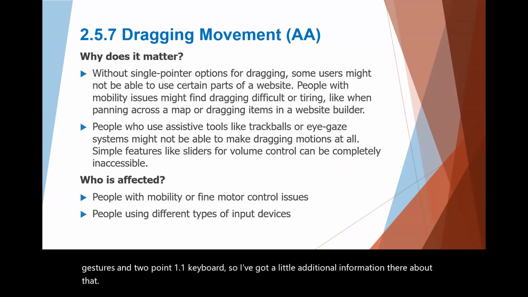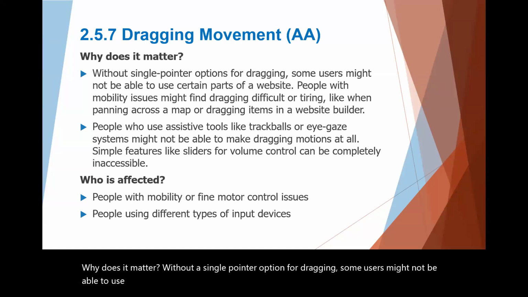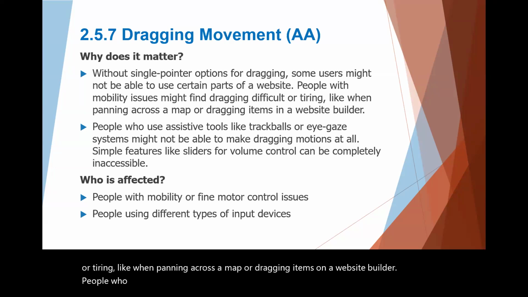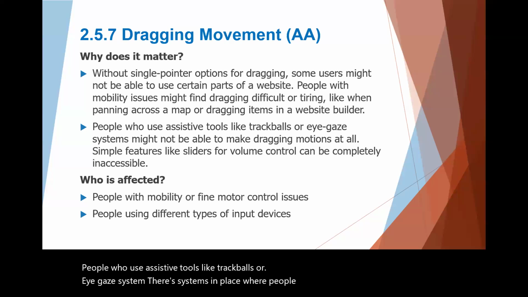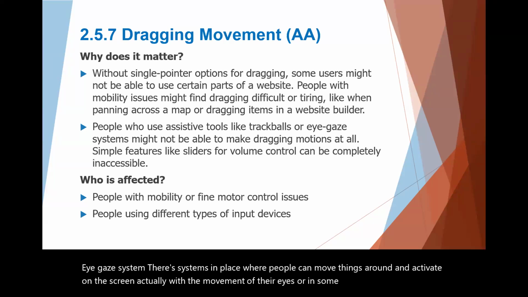Why does it matter? Without a single pointer option for dragging, some users might not be able to use certain parts of a website. People with mobility issues might find dragging difficult or tiring, like when panning across a map or dragging items in a website builder. People who use assistive tools like trackballs or eye gaze systems, there's systems in place where people can move things around and activate on the screen actually with the movement of their eyes, or in some cases their head, for example.